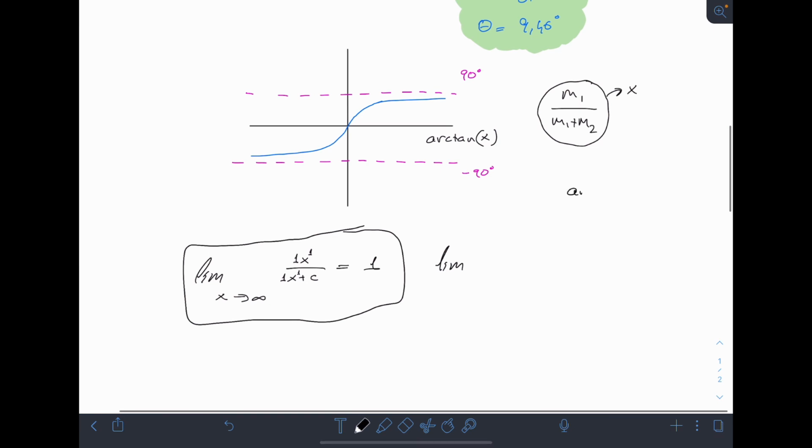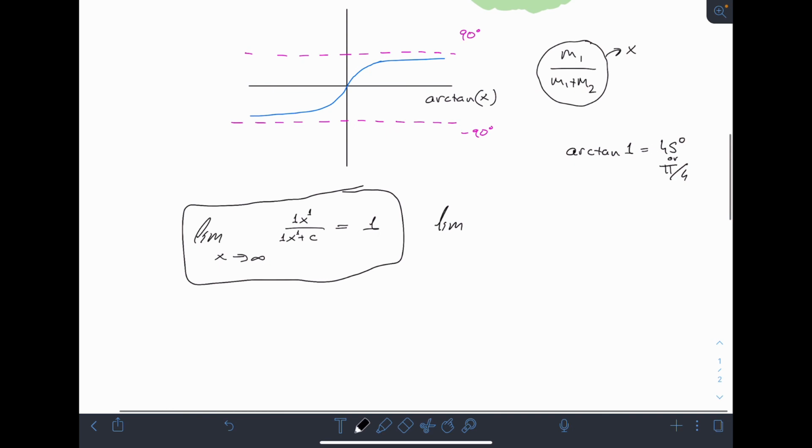Because arctan 1 equals 45 degrees, pi divided by 4. Let's have another limit, where x goes to infinity of c divided by c plus x. And let me correct this one. It's not x goes to infinity, it's x goes to 0.